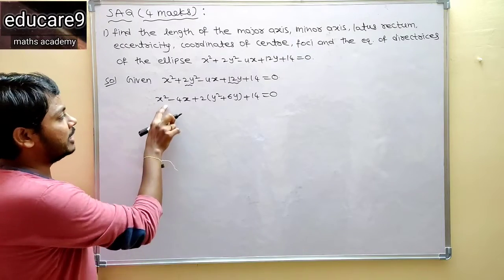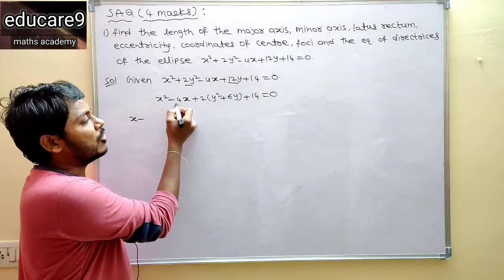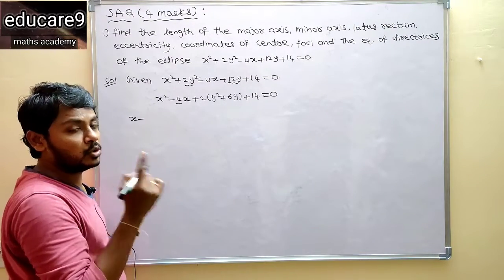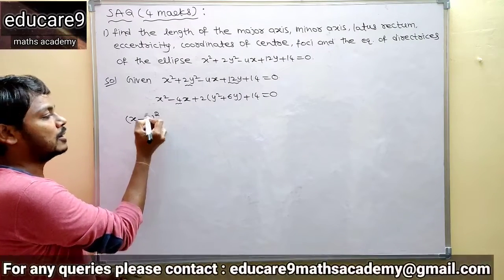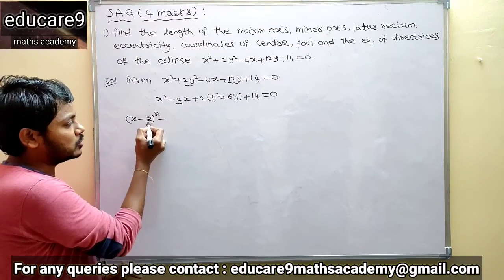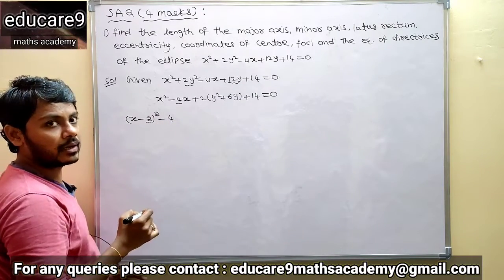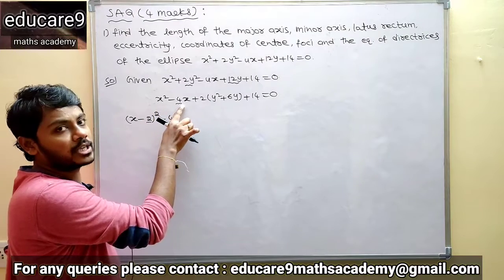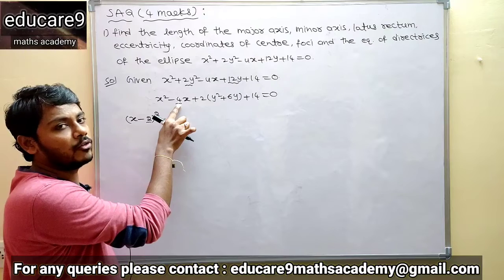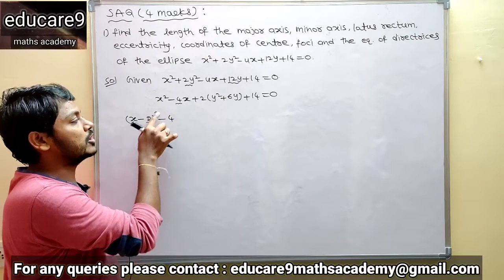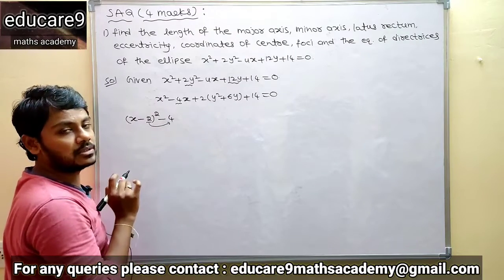See here, x square minus 4x can be written as (x minus half value of 4, that is 2) whole square, minus the square of this term, that is 4.